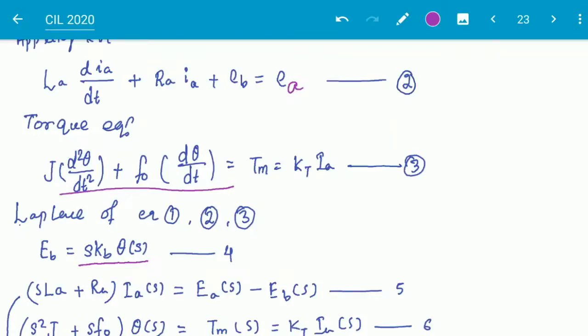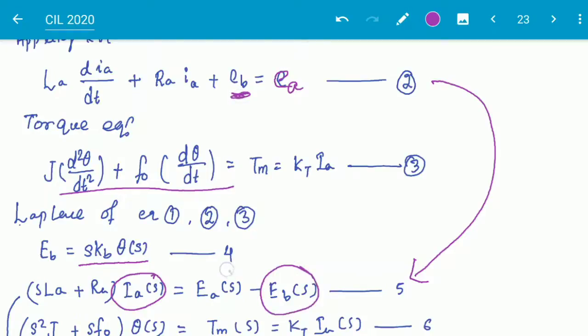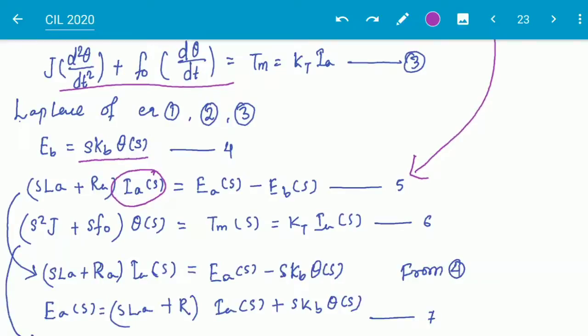The Laplace transform of the second one is s into La plus Ra whole into capital Ia s, the Laplace transform of Ia, is equal to capital Ea s minus capital Eb s. This one is the Laplace transform of small eb, the back EMF, and this is the Laplace transform of small ea, the armature voltage, the applied voltage.